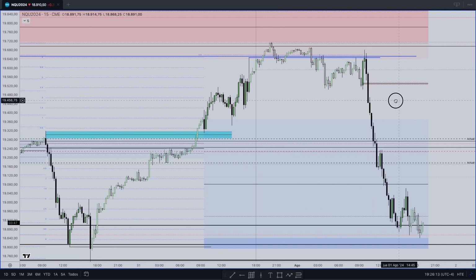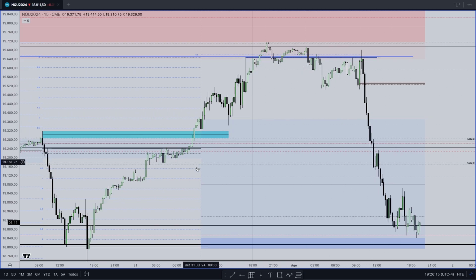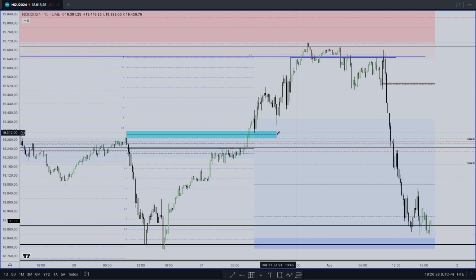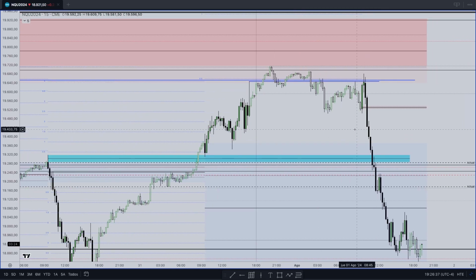They start taking all the positions from the guys that were buying on CFDs and electronic trading hours here. These guys are really dangerous, they are going to destroy you if they can.